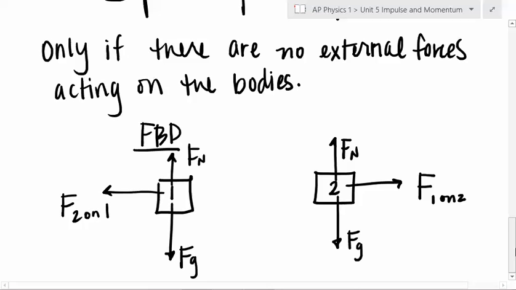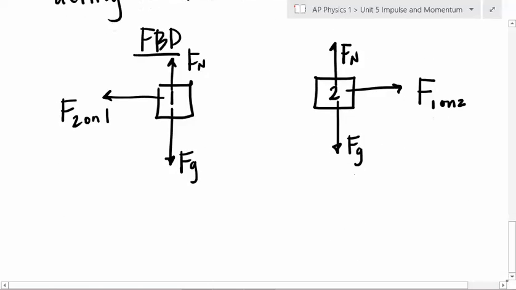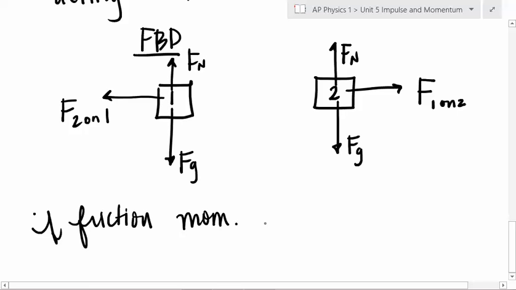So an example of a force that could be present in a collision that is parallel to the motion would be what? It's hard to get rid of it. Friction. Okay, so if there's friction, momentum is not conserved.